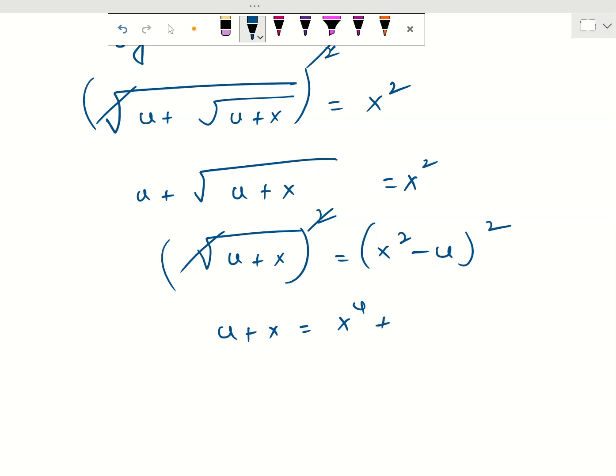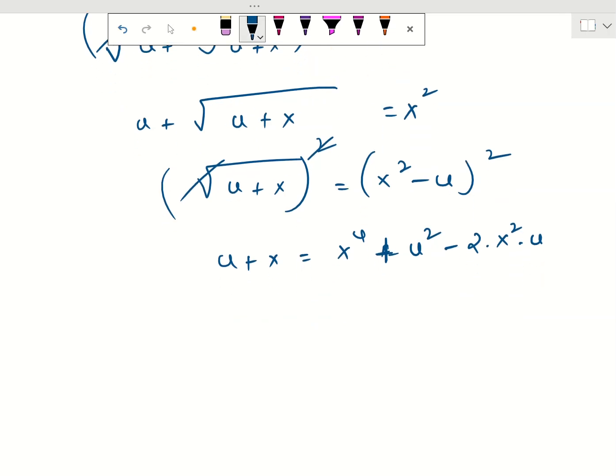So square of x square is x to the power of 4, plus u square, minus 2 into x square into u, right? So it is x to the power of 4 plus u square minus 2u x square.